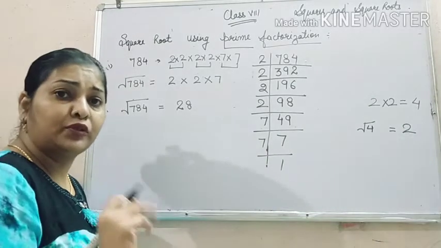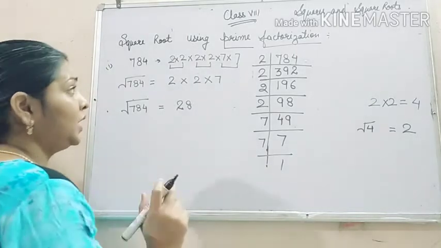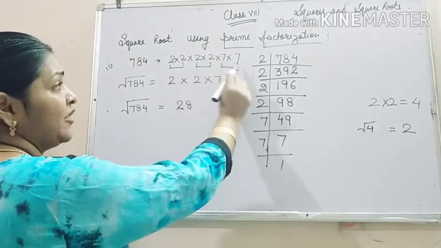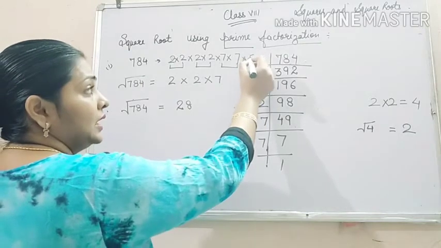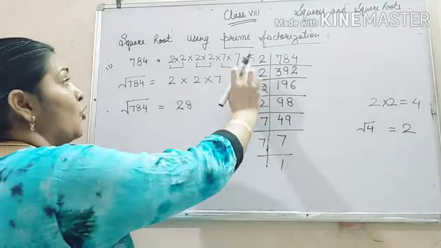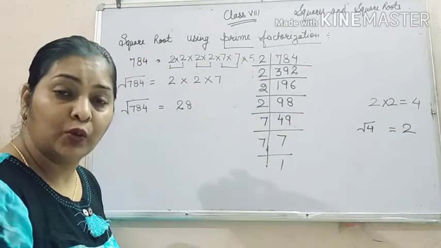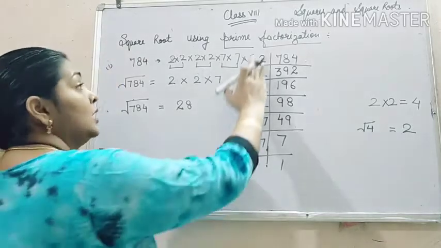Now sometimes a question arises in the mind of the students, what if we don't have pairs? Suppose there is one more number, 5. Then always remember it won't be a perfect square or a square number.